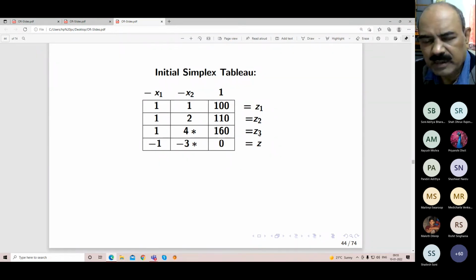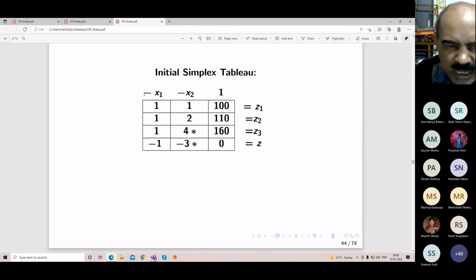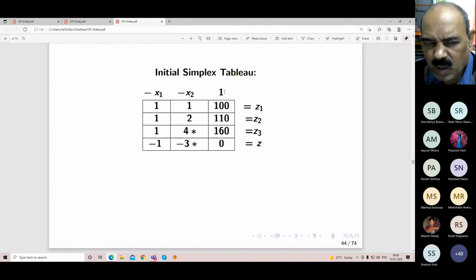So this is the labeling. In the new label, you will have Z1, Z2, and in place of Z3, you will have X2. Z remains as it is. So in the column label here: minus X1, minus Z3 and 1.